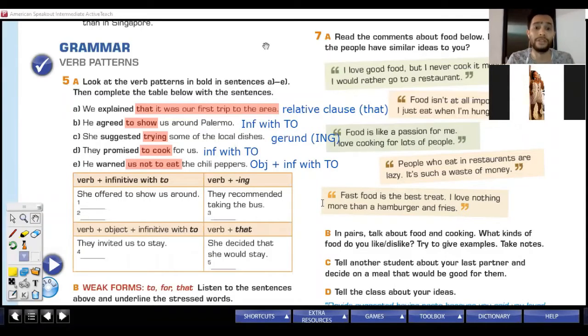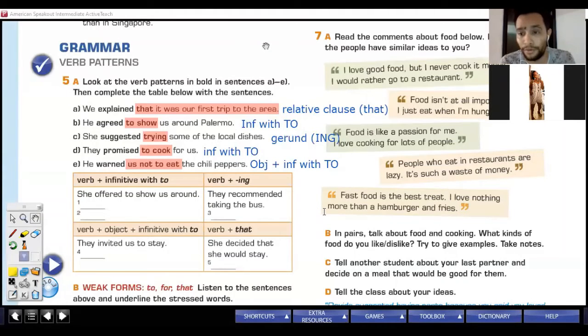What you need to take into account, so that you can know in which situation you need to use this pattern, this pattern, this pattern, or this other pattern, is that you need to know which are the group of verbs that use this pattern, what are the group of verbs that use this other pattern, and which are the group of verbs that use this other pattern, right? So that's what we need to take into account and what you should learn.